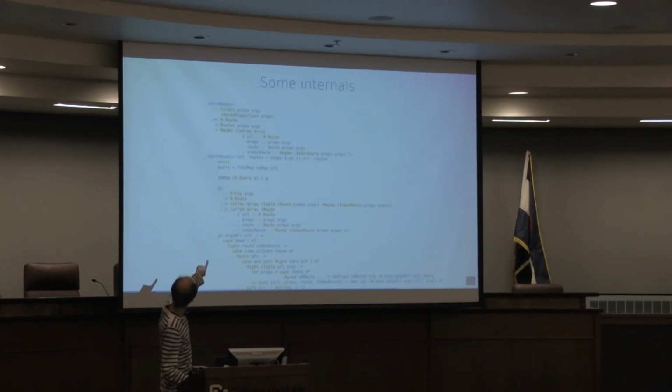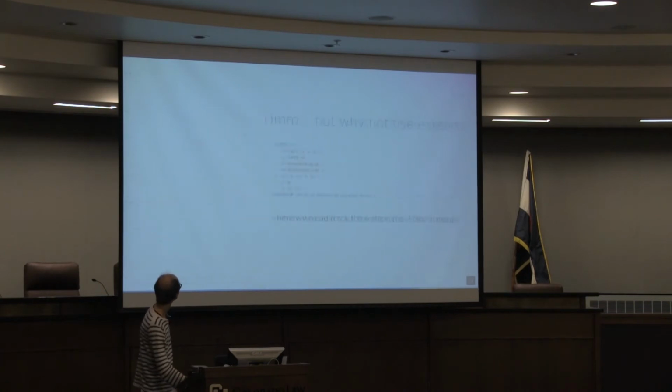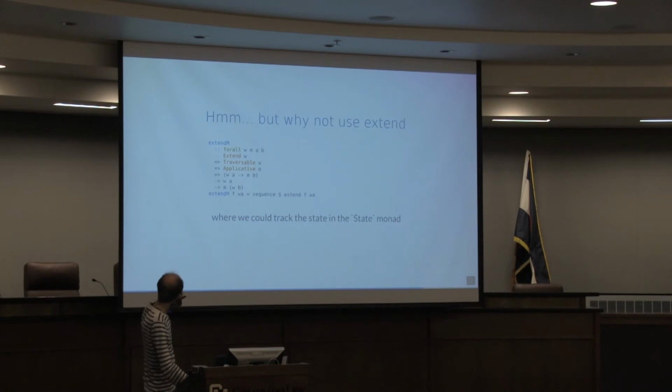The thing is that we need to trace a state, the array of arguments that were already parsed, and the rest of the URL that's still to be parsed. We could use this extend m function, which basically runs a sequence over extend, tracing the state in a state monad.